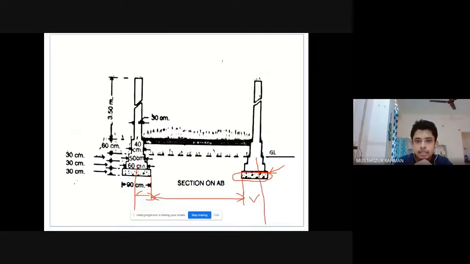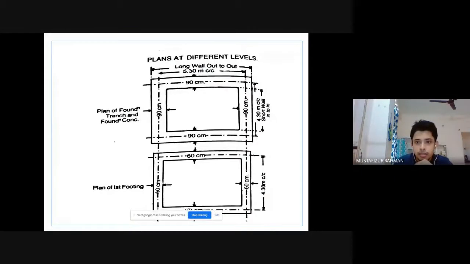Now this is the same thing as excavation. Why? Because this is the widest portion, right? So taking this portion only, we did the excavation work. So this is exactly the same as the excavation work. This is our longer side here. Center to center dimension is known. We want to find out the outside to outside.